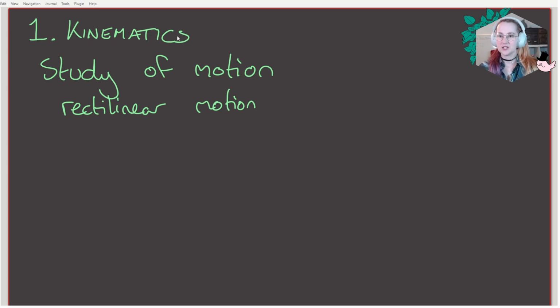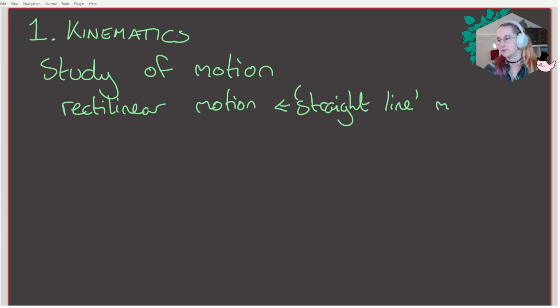So rectilinear is basically just a fancy way of saying straight line motion. Or as much as in contrast to later down the line when we start looking at circular motion and things moving in a rotational frame. Why recti and rectilinear? I actually don't know.